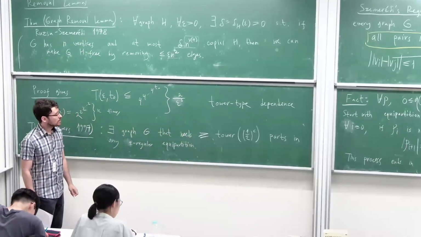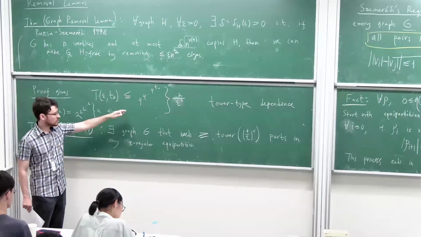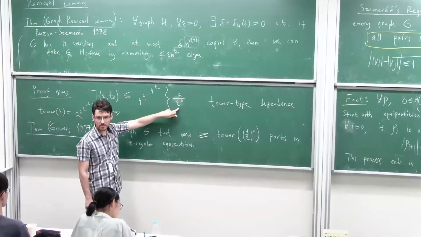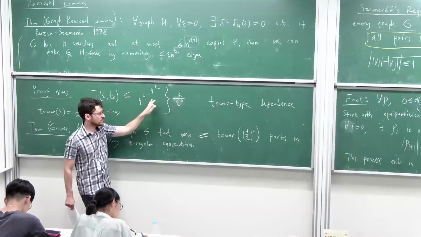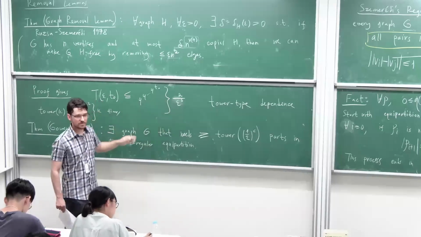So for some time people didn't know if this proof is optimal, so it gives a huge bound. This is a very fast growing function. Like even if you take epsilon to be 0.1, this is a huge number.